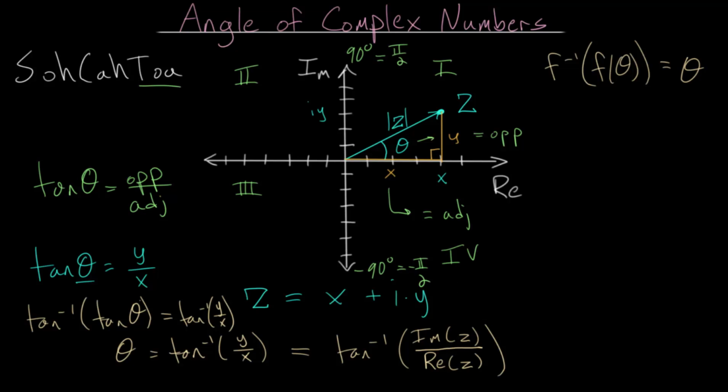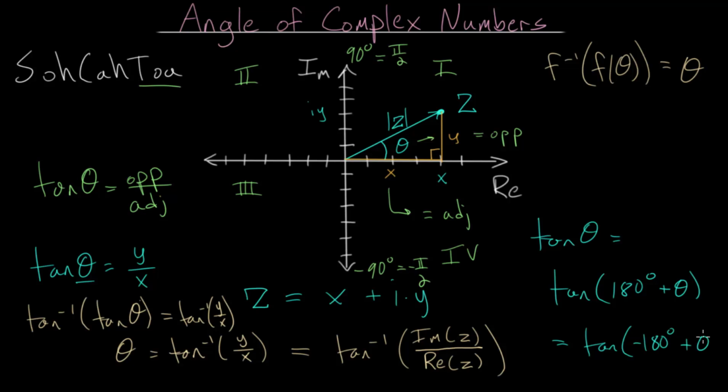We can say that the tangent of an angle is equal to the tangent of, let's do it in degrees, 180 degrees plus the angle, or this is also equal to the tangent of minus 180 plus the angle. And if we want, we can put in pi, we can put in radians or minus pi for this one. But these formulas, these equations are equivalent.